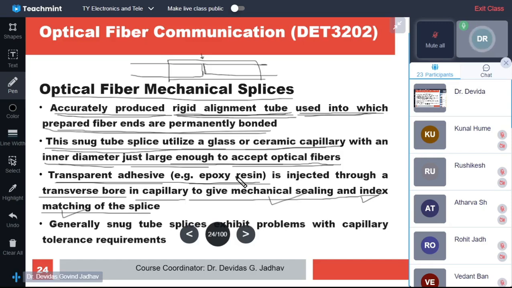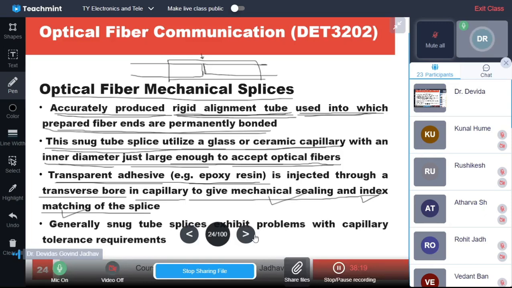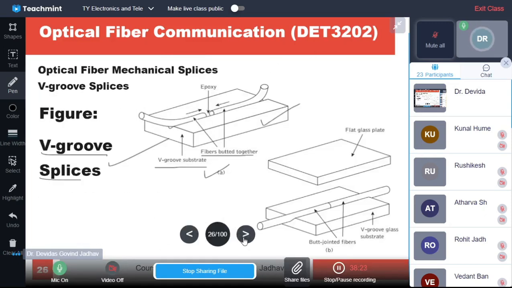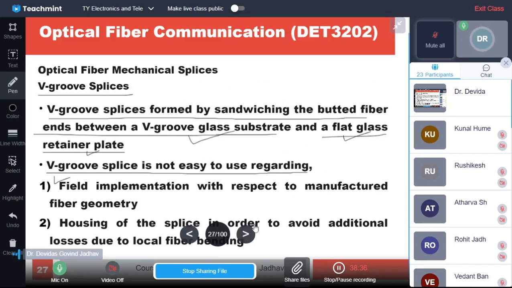So it is easier, but V-groove splicing is not so easy. We have to arrange these fibers, put the epoxy, then clamp the flat glass plate, and it is on a micrometric scale, so it is slightly difficult.